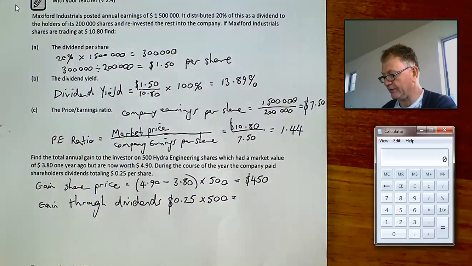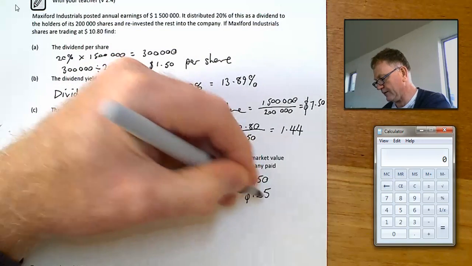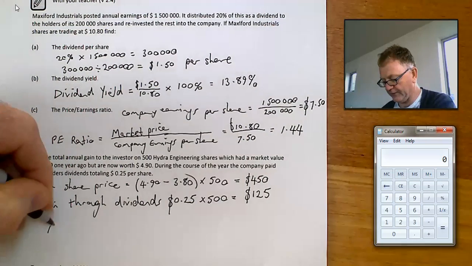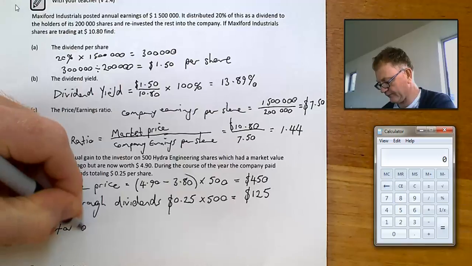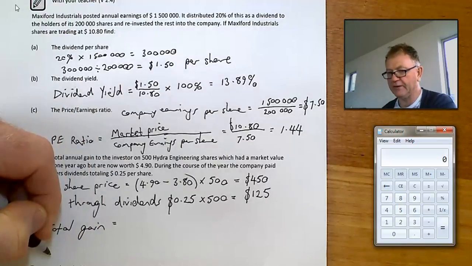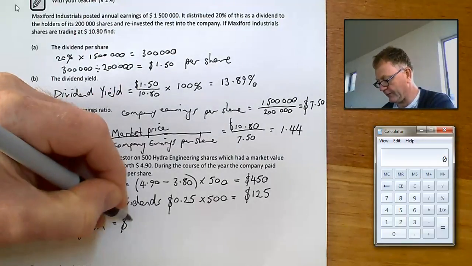That works out to be $125 of dividends paid. His total gain through this venture, and you can just add the two together, 450 plus 125 makes $575 of gain.